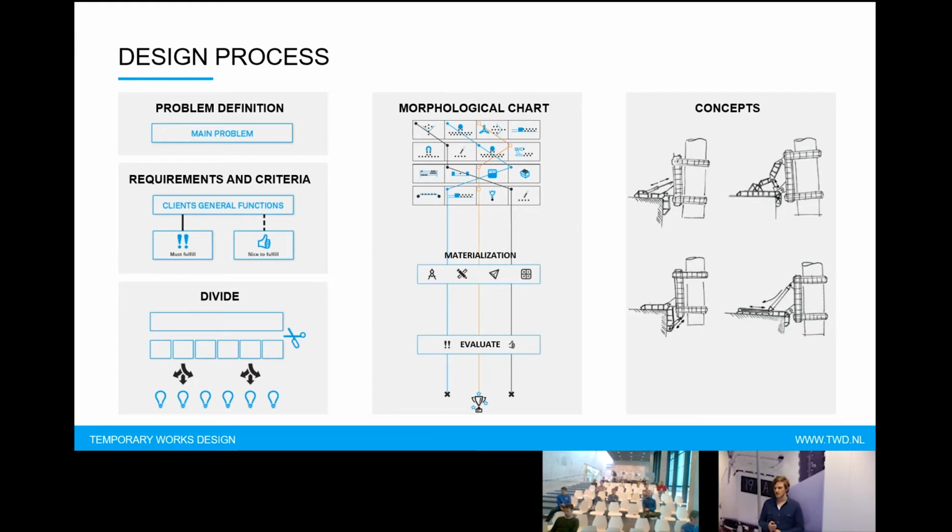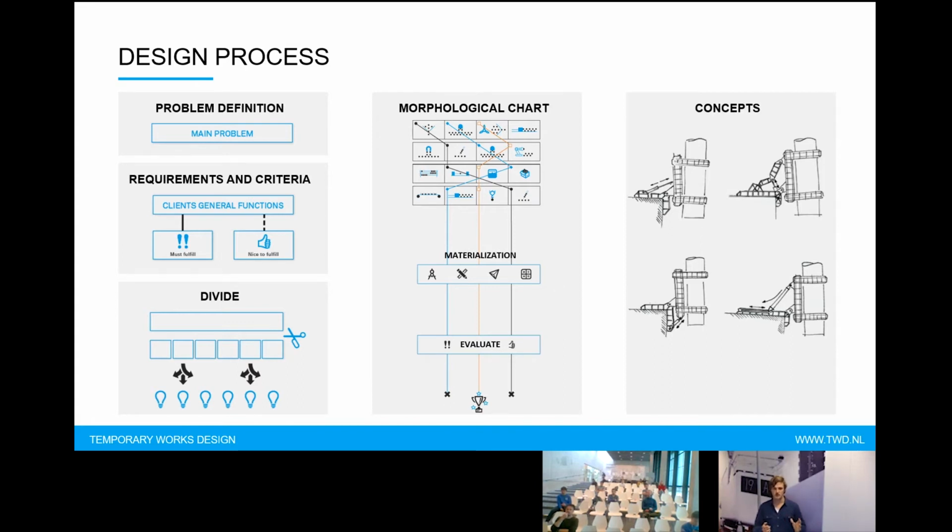You guys may have heard of the morphological charts. It's something that you probably have done in your bachelor. I at least have done it many times. We do it here too. So whenever there's a problem definition from the client, we go and look for how can we subdivide all of these problems. So this monopile has to be lowered, it has to be guided, but it also has to be placed into the right position.